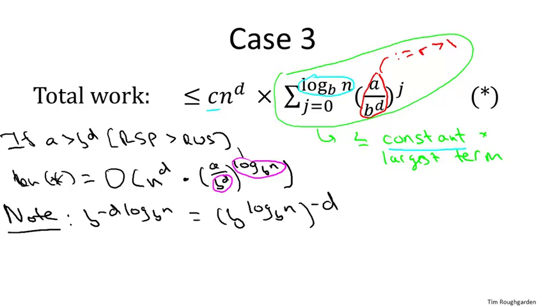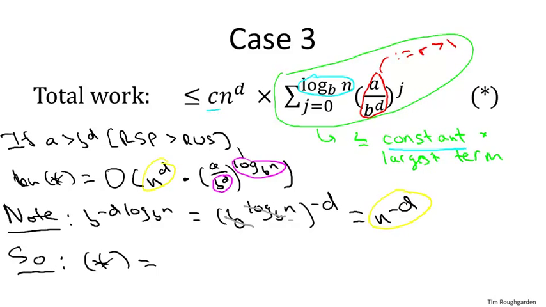And now, of course, what happens is that taking the logarithm of n base b, followed by raising it to the b power, those are inverse operations that cancel, so that leaves us just with the n. So this results in an n to the minus d, and now, remarkably, this n to the minus d is just going to cancel out with this n to the d, leaving us with merely a raised to the log base b of n. And thus, out of this crazy sea of letters, rises a formula we can actually understand.